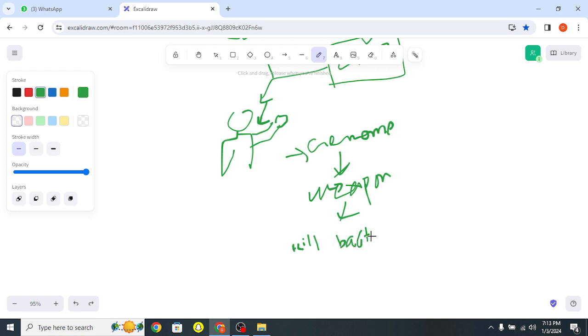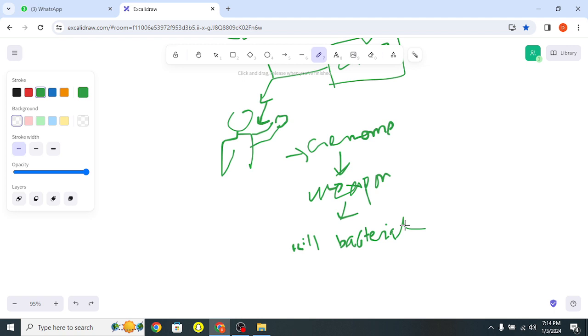When the recombinant genome, the DNA, is injected in a body, it will work as a weapon for bacterial cells, and it will kill the bacterial cells.